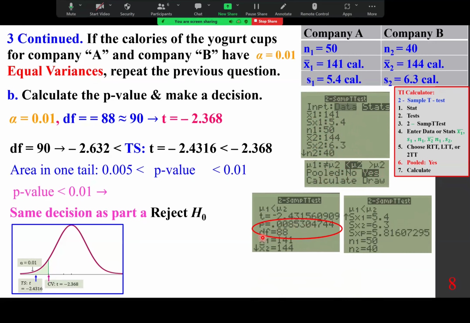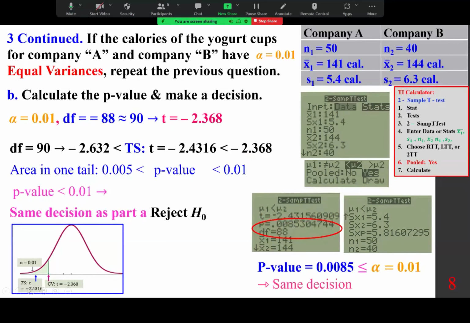The degrees of freedom is what we have, 88. And the p-value is this number, 0.0085. If we stop here, 0.0085 is less than alpha, and it gives us the same decision. And by the way, this number, negative 2.431, is the one we calculated, the test statistic.